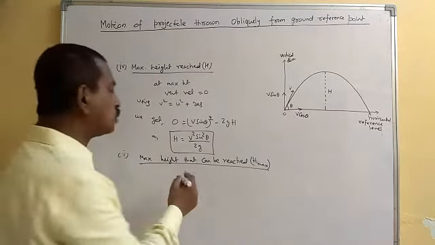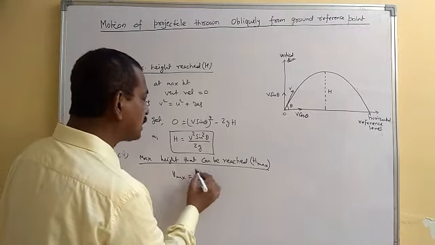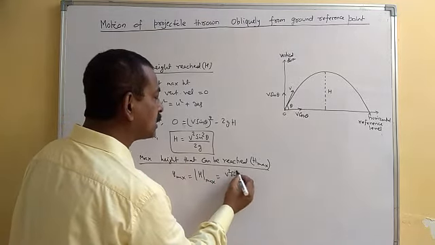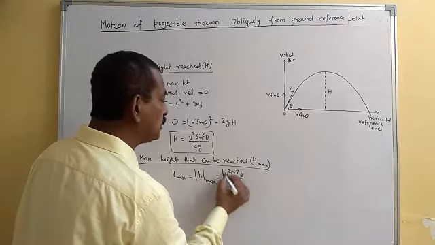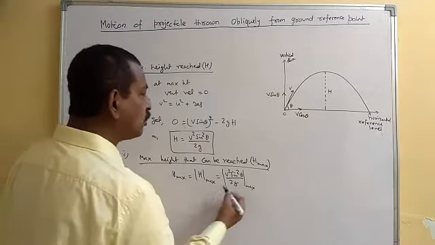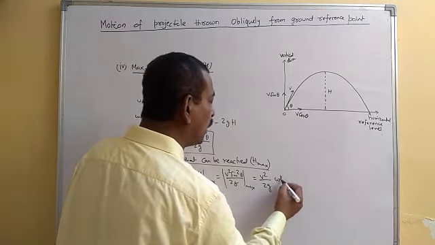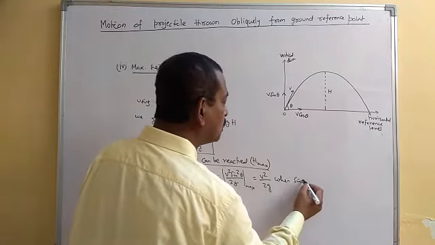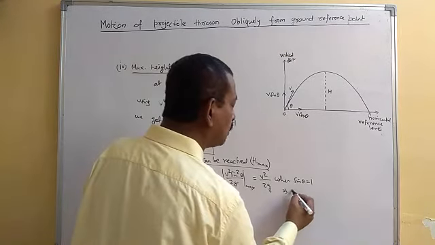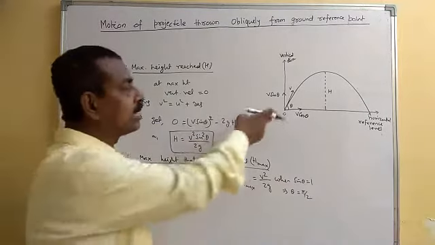It is the maximum value of this H. So if it is v square sine square theta by 2g, what can be the maximum value here? This will be equal to v square by 2g when sine theta is 1. And sine theta is 1 means theta is pi by 2. Theta was the angle with the horizontal.